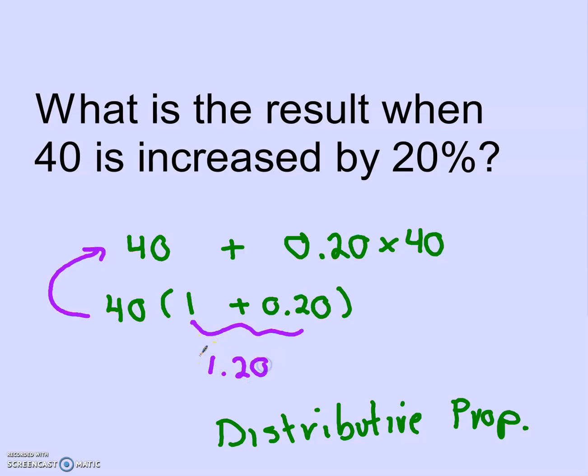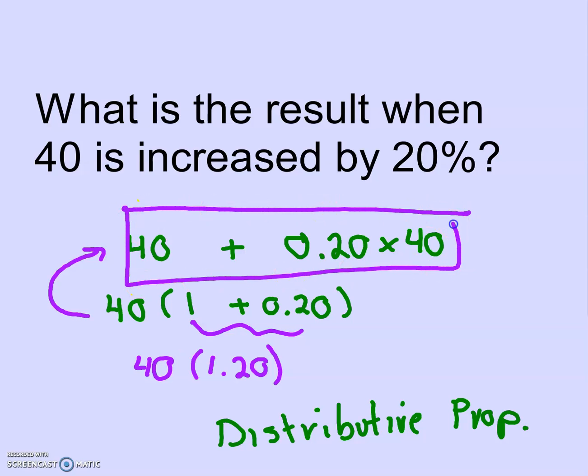1.20. So I still have a 40 out front, and here's what I want you to notice. You've taken this complicated statement here, and in 2 steps, undoing the distributive property and then combining these two into one number, you've made it into a simple multiplication. 40 times 1.20 will do the same thing as all of this, but it's in 1 step, not 2.